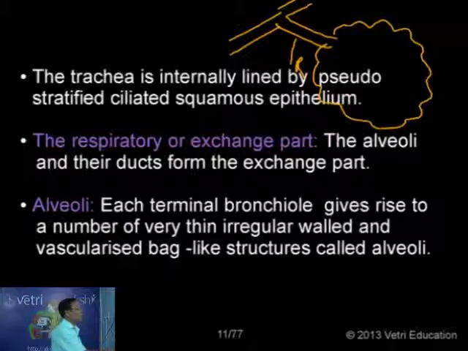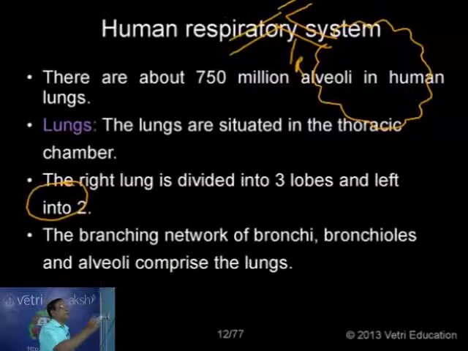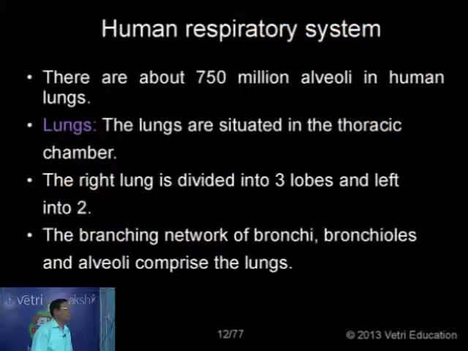Such balloon-like structures together are called alveoli. So each terminal or respiratory bronchiole gives rise to a number of thin, irregular-walled, highly vascularized bag-like structures called alveoli, the unit of lung function.